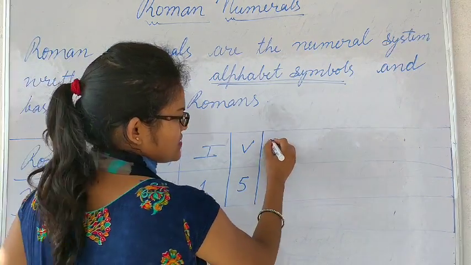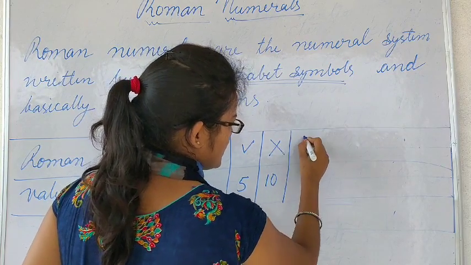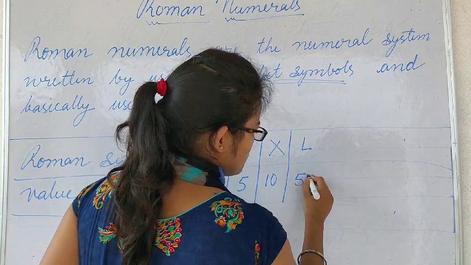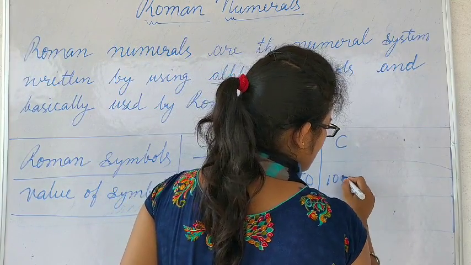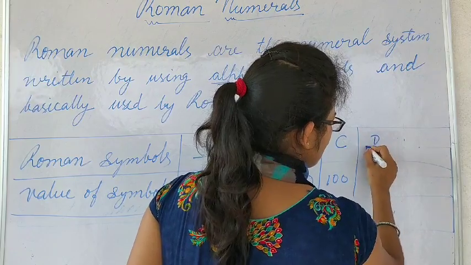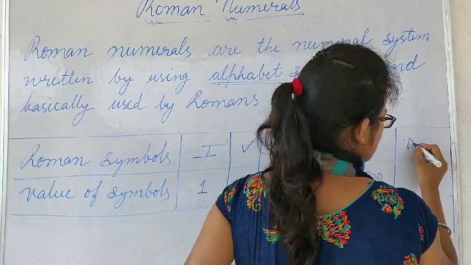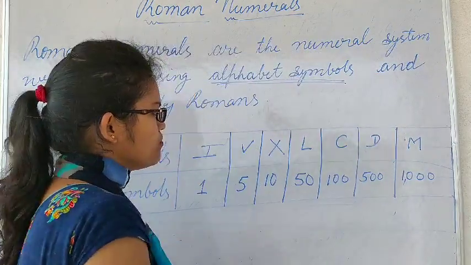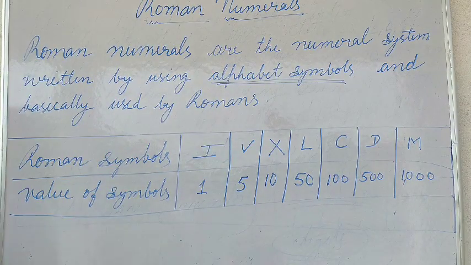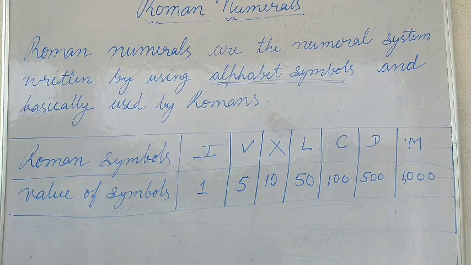Third is X and the value is 10. Then L, value is 50. C, value is 100. D, value is 500 and the last one is M and its value is 1000. So by using these 7 basic Roman symbols, we can write all the numbers that come under the Roman numerals.